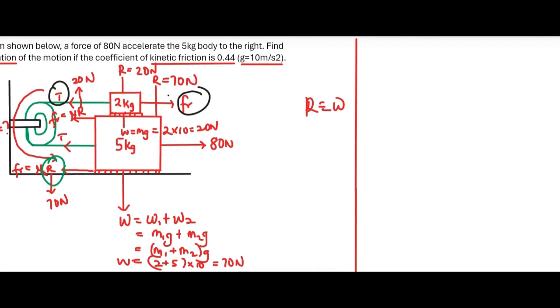Hence, if Fr is positive, then your T would be negative. But I want to make it such that the mass pulling it here is positive and the tension here is negative, then the tension here would be positive, right?